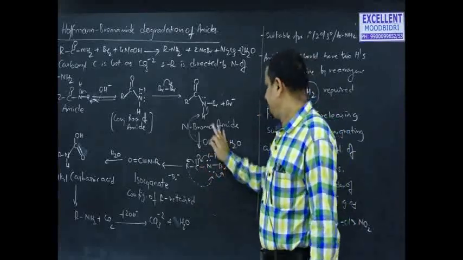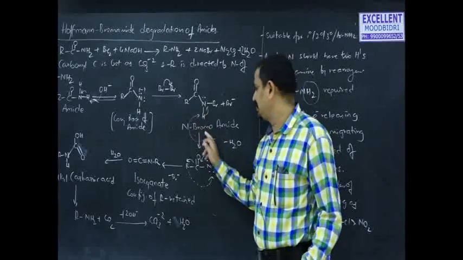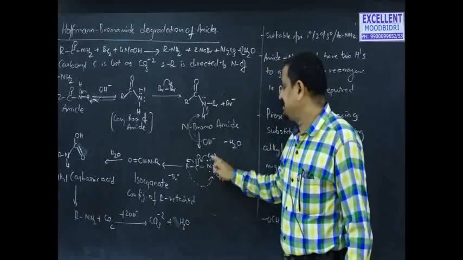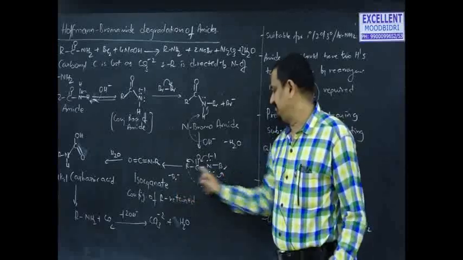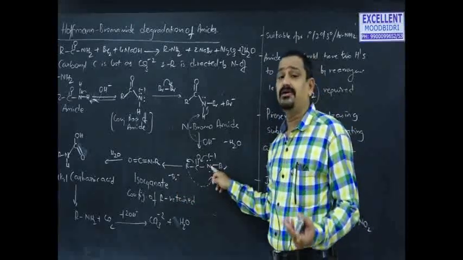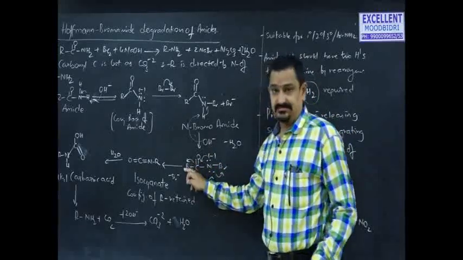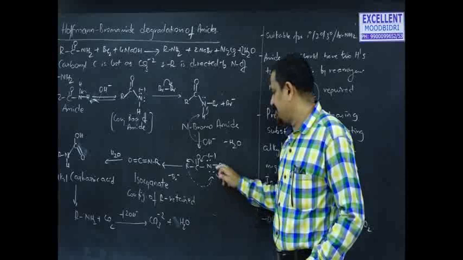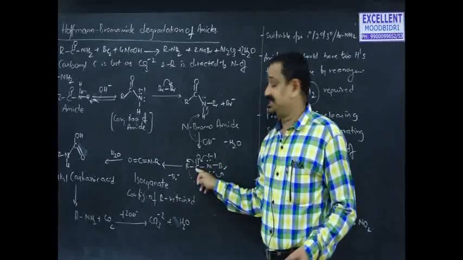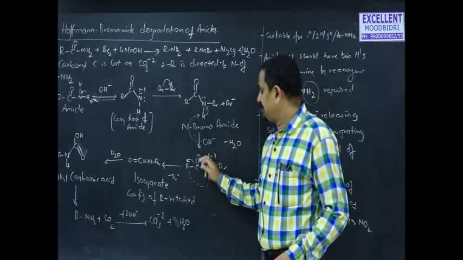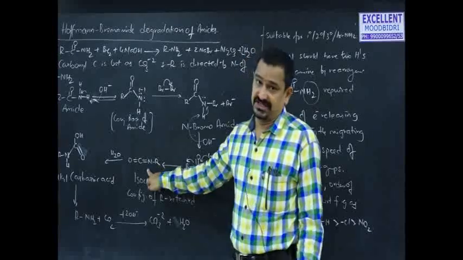Till here we studied: nitrogen's electron density is more with the removal of a proton by another base. As electron density is enhanced, bromine's leaving group ability increases, Br minus leaves the site, generating an electron deficiency at nitrogen. To compensate this, R minus will migrate to nitrogen. And at carbon, the electron deficiency generated is compensated by the mesomeric effect of nitrogen. Thus, an isocyanate is generated.